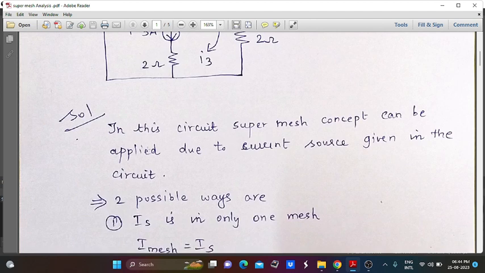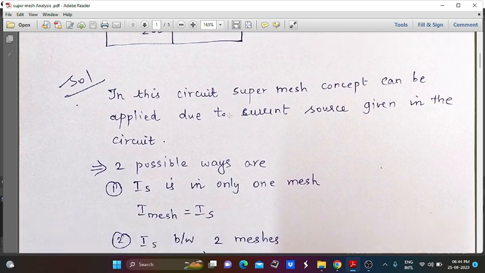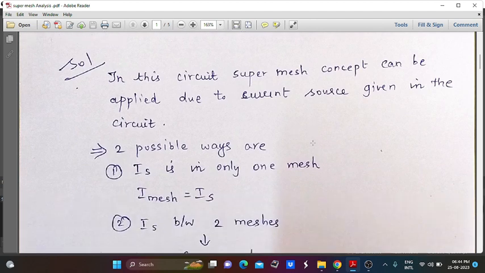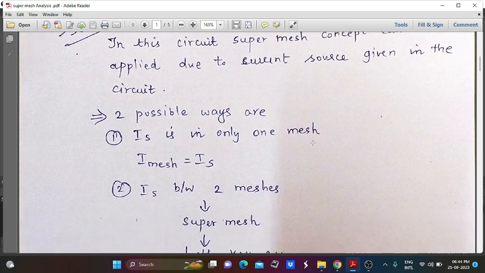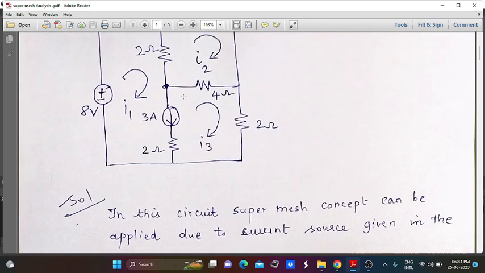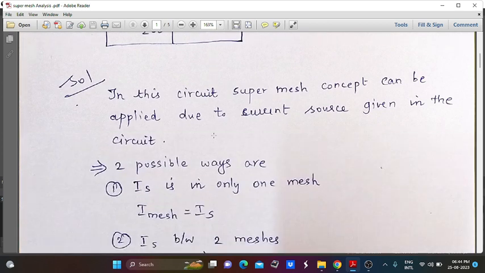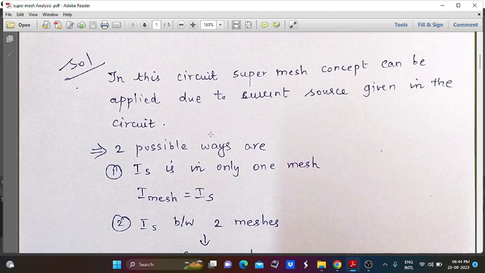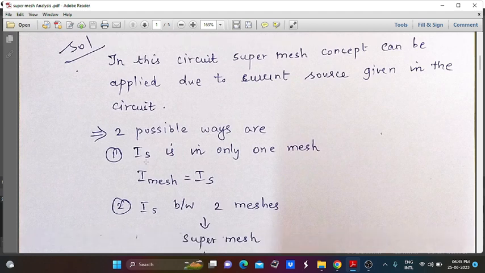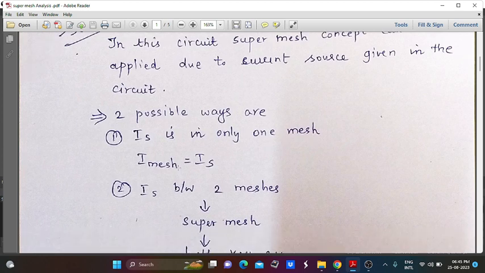So let us move to the solution. In this circuit, the super mesh concept can be applied due to the current source given directly in between two meshes. According to this circuit, there are two possible ways. That is, if the source current Is is in only one mesh, that mesh current can be equalized to Is.